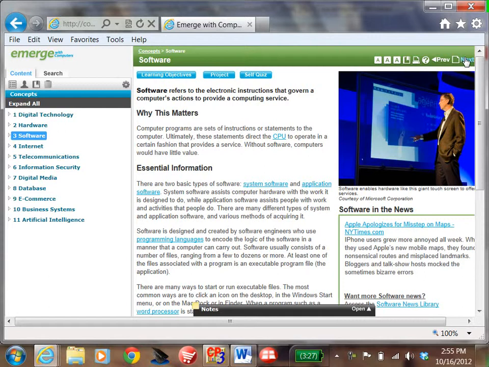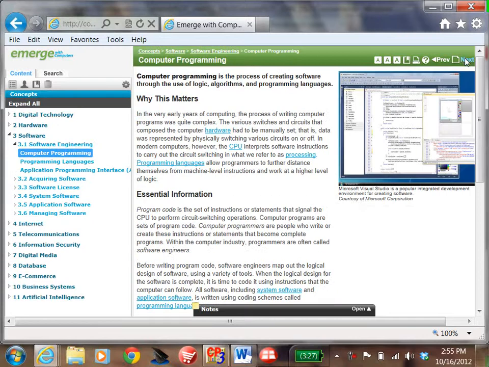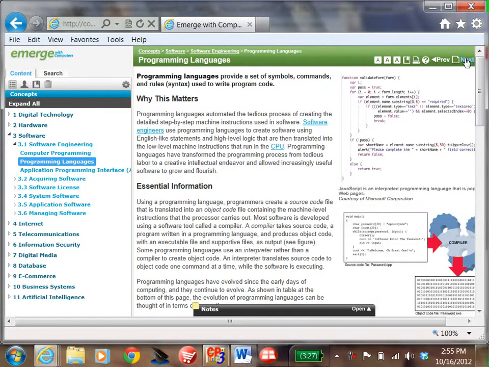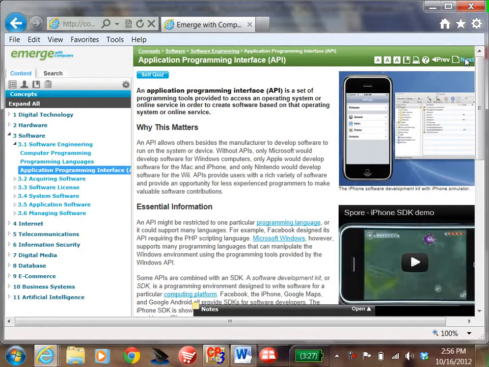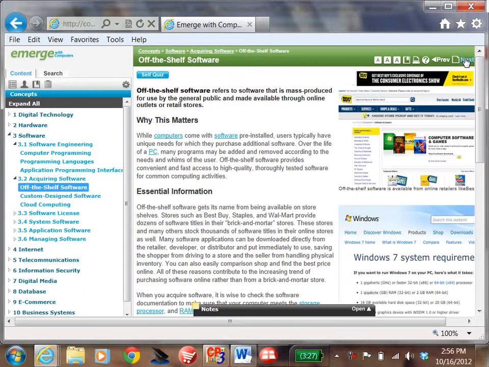You go to the next page, okay? And you can read that page. There are a lot of links there. There's not any self-quiz on that page. And you go through the whole book, okay? And starting here in application program, there's a self-quiz there. Acquiring software. Off-the-shelf software. There's a self-quiz.